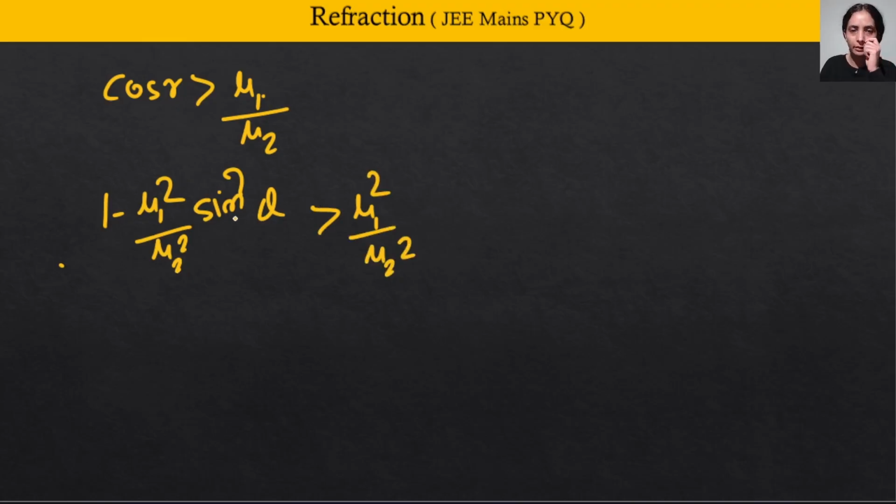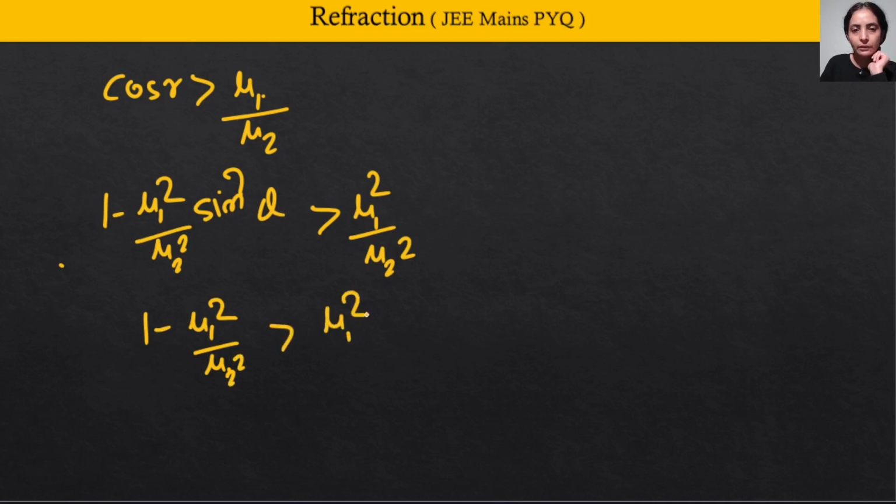Now let us solve it. So 1 minus mu1 square by mu2 square sin square theta is greater than mu1 square by mu2 square.